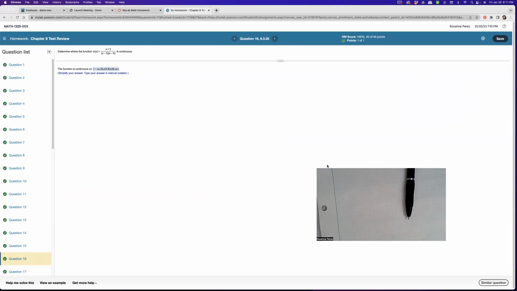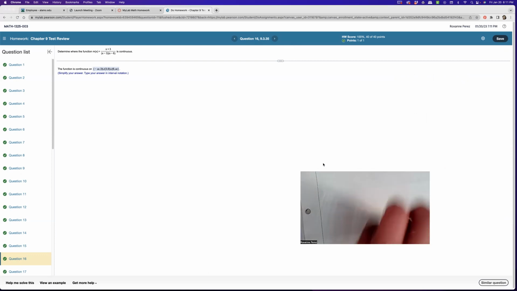Okay, so now we are going to determine when the given function in problem 16 is continuous. Here we're going to place our emphasis again on our denominator, which we evaluate to determine our vertical asymptotes, like we did in the previous problem.